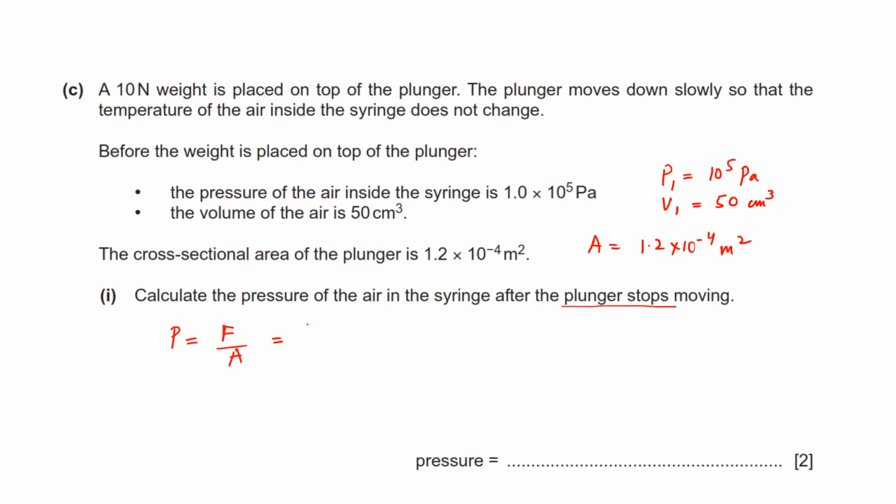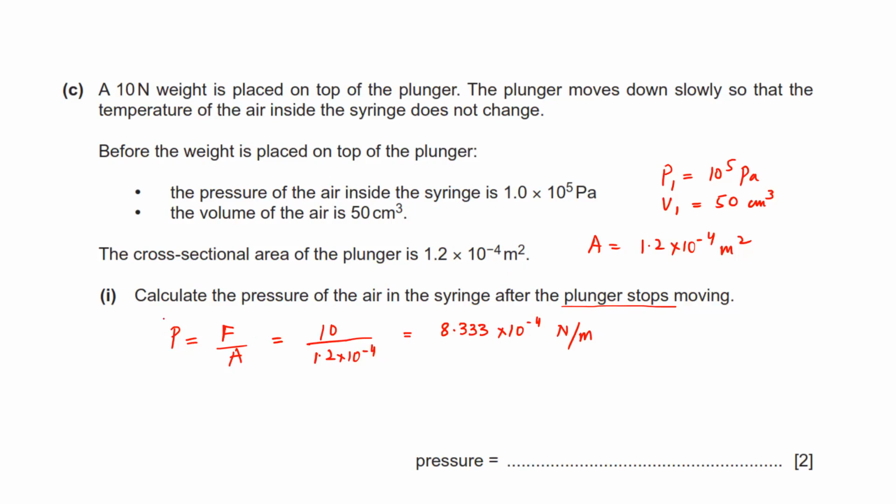So the pressure because of this 10 Newton weight will be 10 divided by the area, 1.2 into 10 to power minus 4. So this comes out to be 8.333 into 10 to power minus 4 Newton per meter.